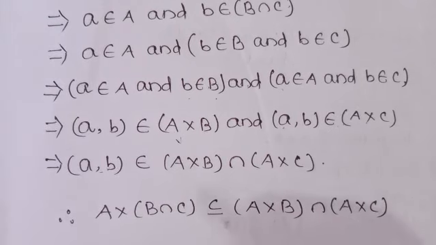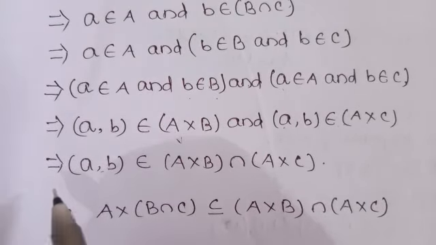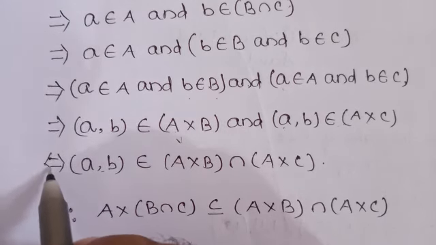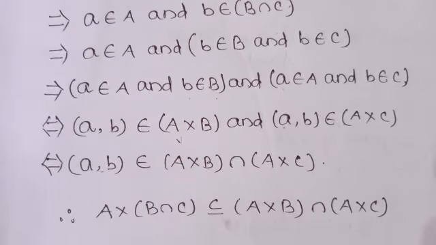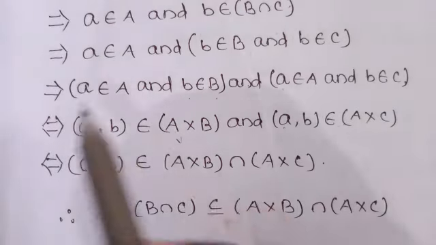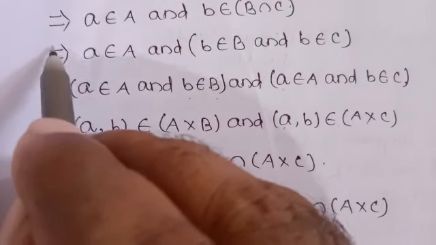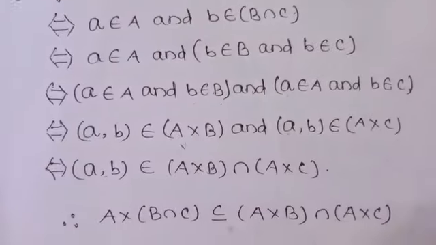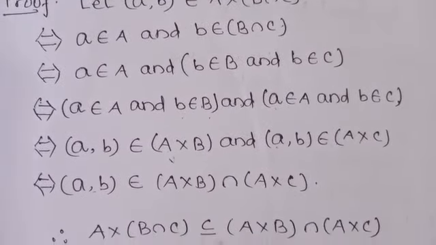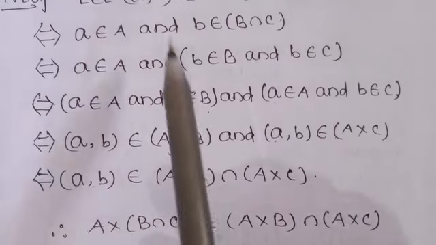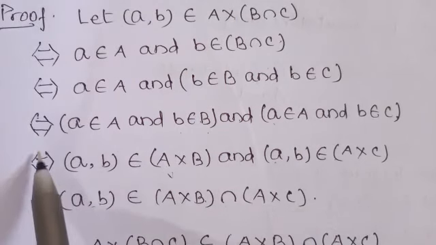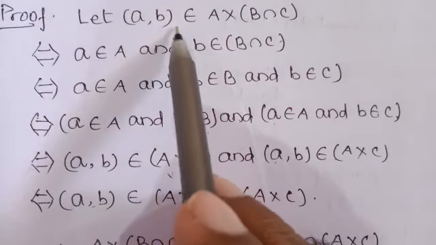Now look children, if we write in the reverse way, I have already said that this is implies and is implied by, like this one. So implies and is implied by means from here to this one. Let (a, b) belong to (A cross B) intersection (A cross C), implies this one, implies this one, implies, and so on.